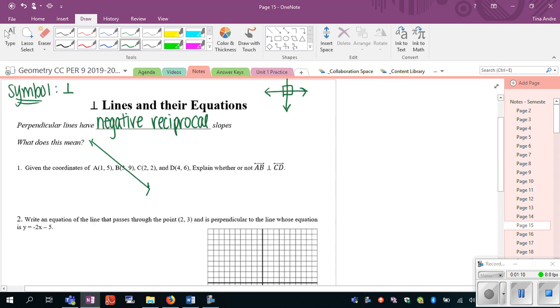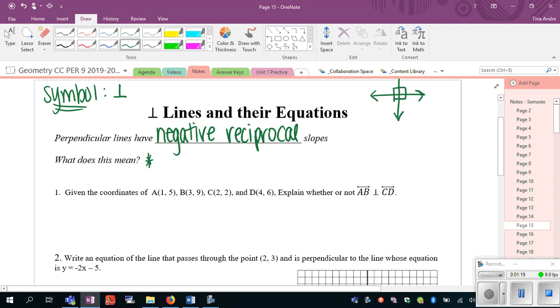So essentially what this means is the slopes have to get flipped and negated. So you're going to flip and negate the slopes.